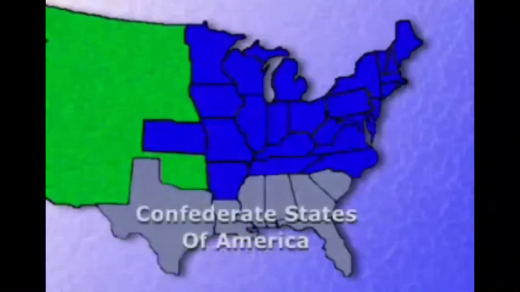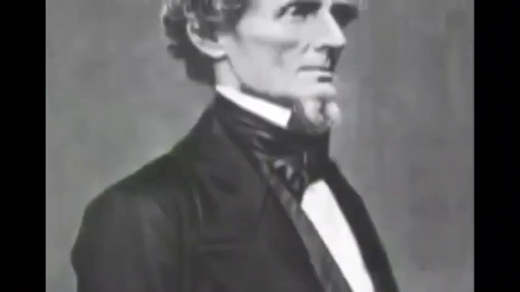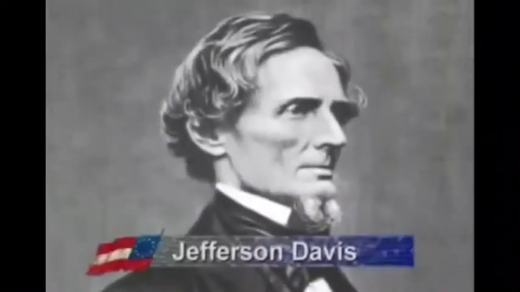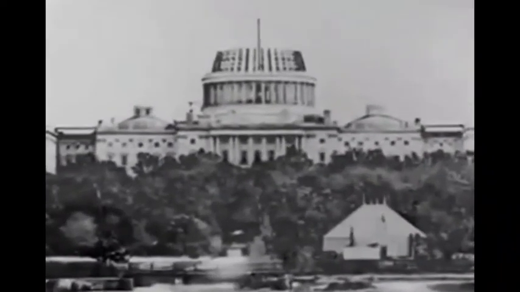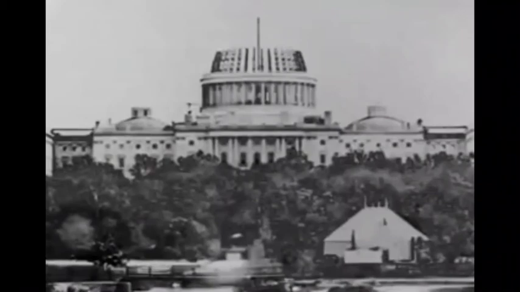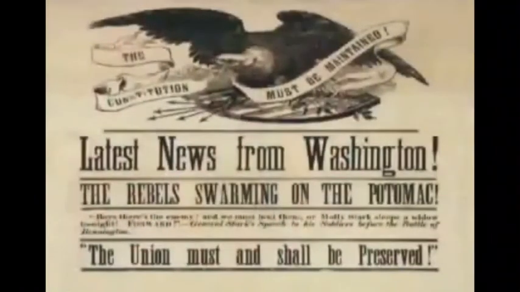They formed their own country called the Confederate States of America and elected Jefferson Davis as the president of the Confederacy. The North said that secession was unconstitutional, and they were ready to use military force to keep the South in the Union. The South claimed it was no longer ruled by the North and would not reconsider.